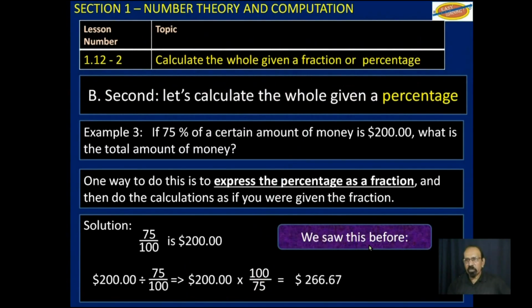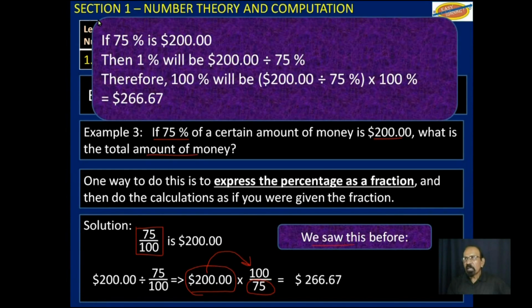Let's try another one. We saw this one before too, so we are revisiting this. If 75% of a certain amount of money is $200, what is the total amount of money? So we did the fraction way. You may have developed another method by multiplying the number you're given by 100 and dividing by the actual number without the percentage sign. That's your method that you developed. I didn't teach you that.